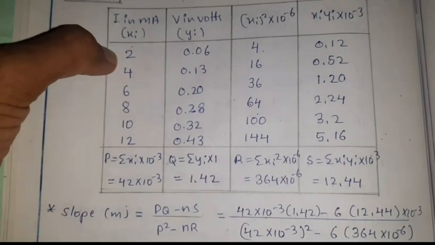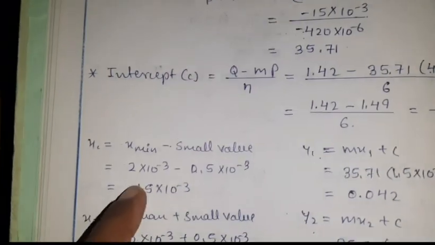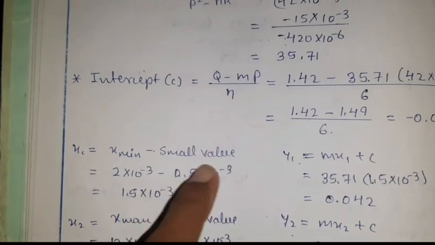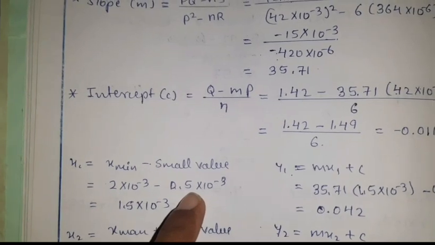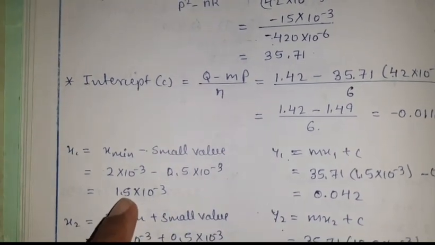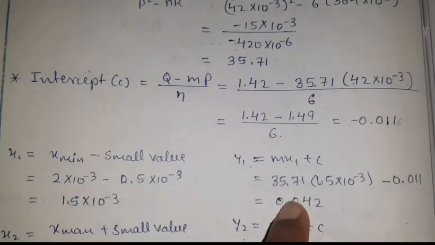Here the x minimum is the current, that is 2 milliampere, and a small value less than 2, that is 0.5, you can take. So it will be 1.5 times 10 to the power minus 3, that is x1.